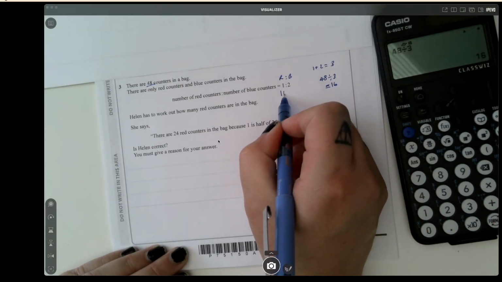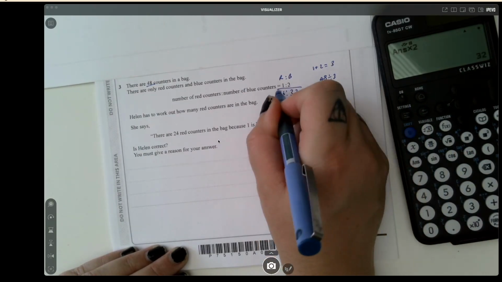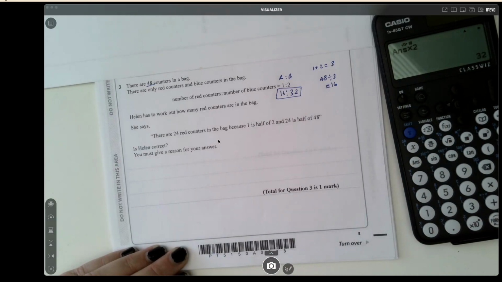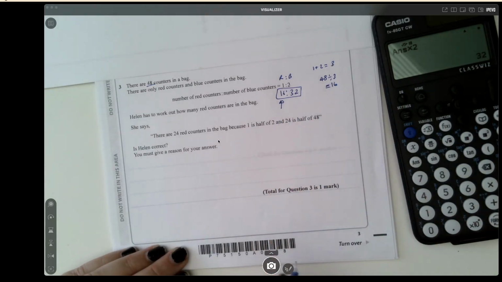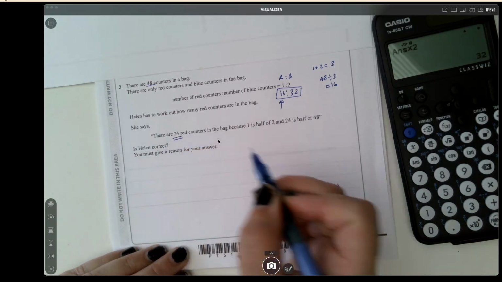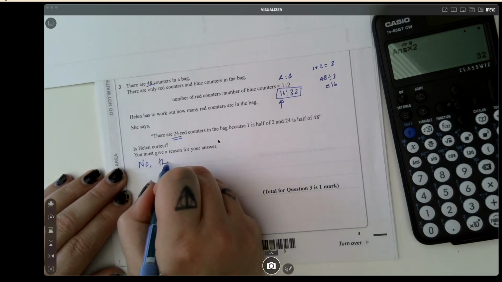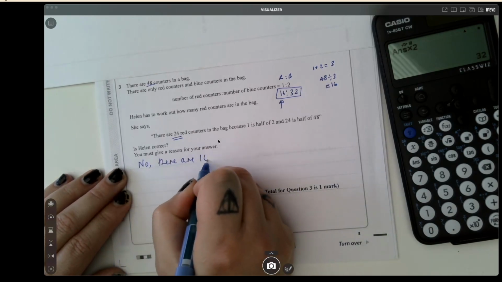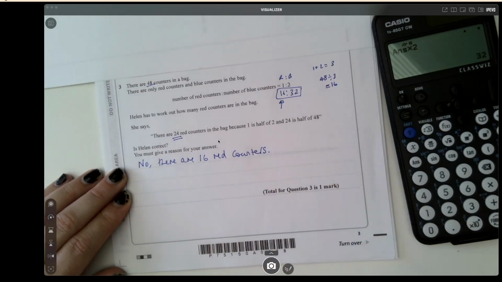So I would do 16 times 1 and then 16 times 2. These add to 48, 16 plus 32. So actually there's 16 red counters, whereas Helen has said there's 24. So no, Helen's not correct. There are 16 red counters.